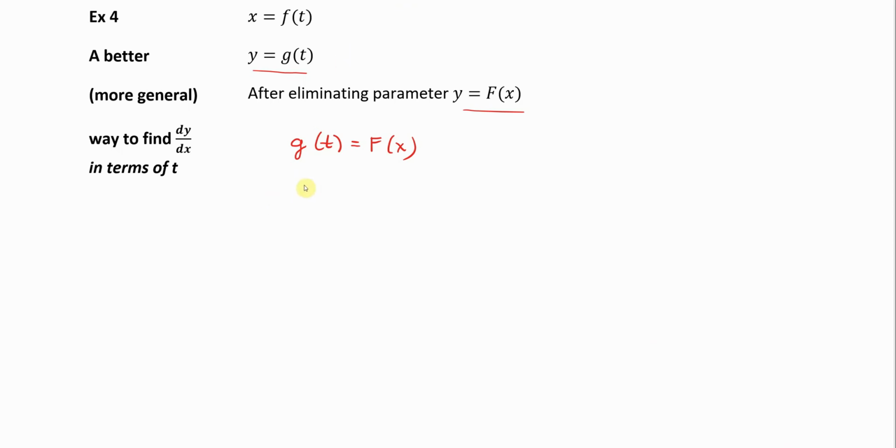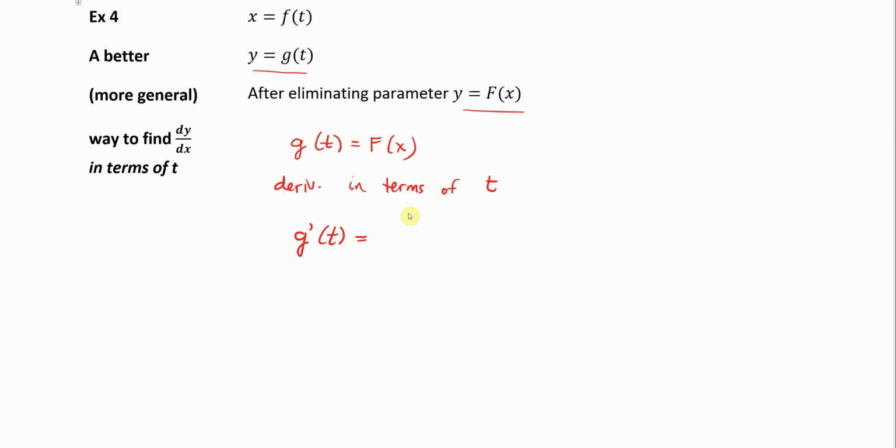Okay, and then now we're going to take the derivative in terms of t. I'll write that right here. Okay. So the derivative in terms of t on the left side is g prime of t. That's easy enough.